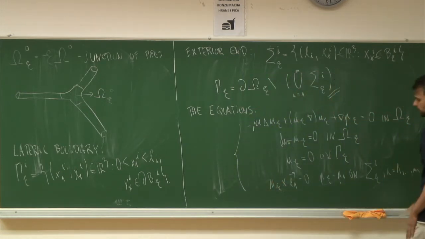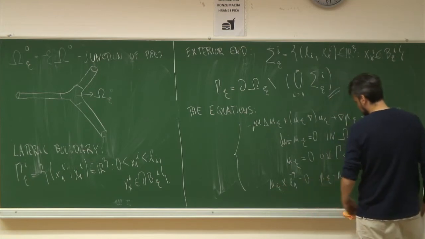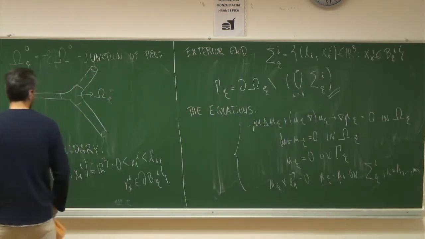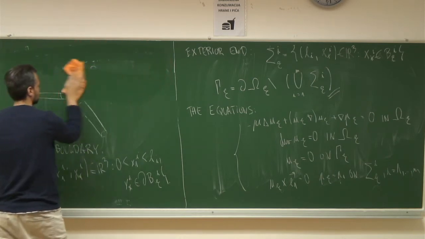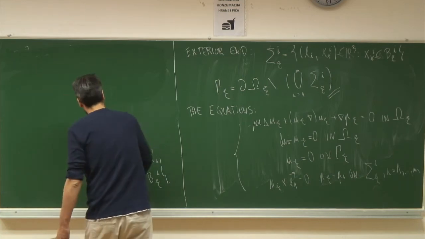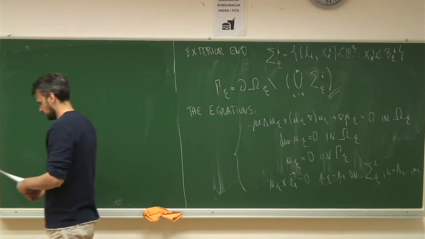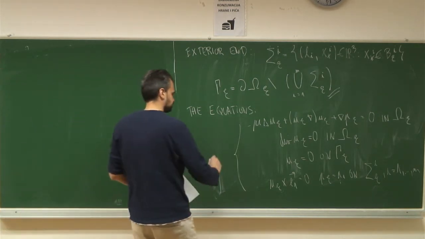Maybe not, I'm not sure. So this is called the Saint-Venant principle, that at the inflow of the domain, the most important part is the velocity in the direction of e1. So the other two components can be neglected. Okay, so let's denote this by 1.